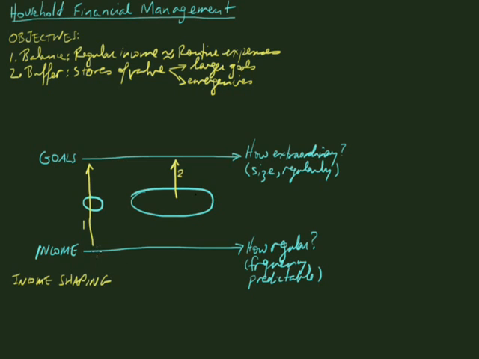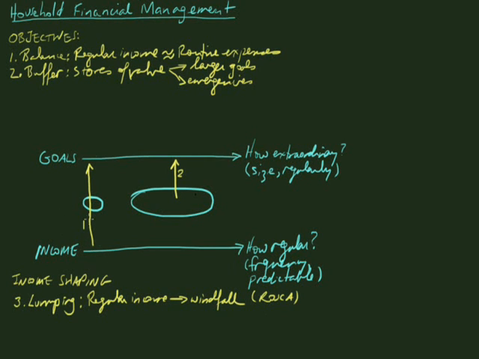This is about changing the array of income on this dimension here. So we can mention one concrete strategy to be lumping. That's about turning regular income, in effect, into windfall income. And you do that, for example, by participating in a Rosca.